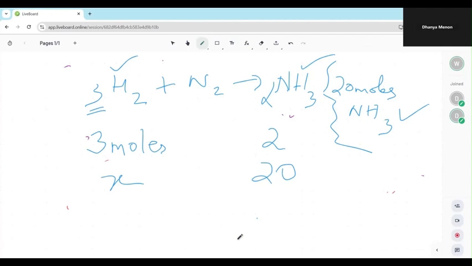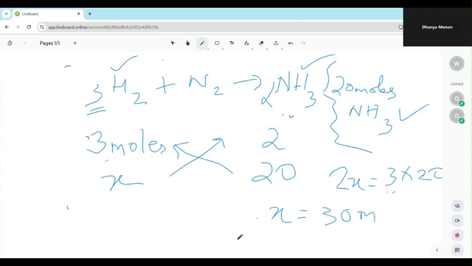It's mentioned in the question. I'm not talking about nitrogen because they have not asked anything about nitrogen, nor have they given any information about nitrogen. So we don't need nitrogen now. So I'm cross multiplying, and when you solve, x comes to 30 moles. So this is our answer.